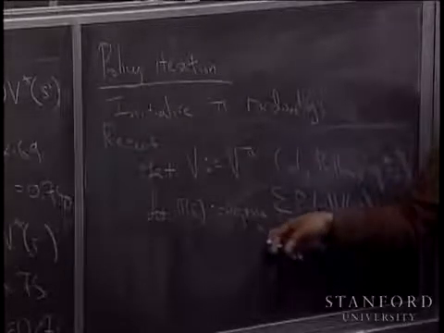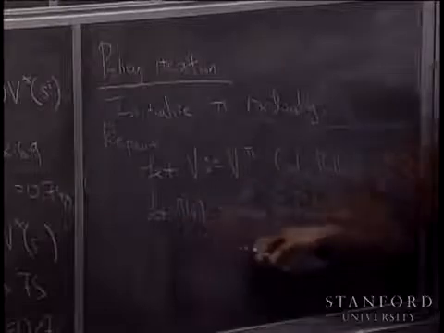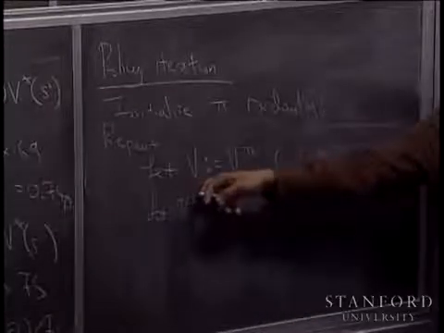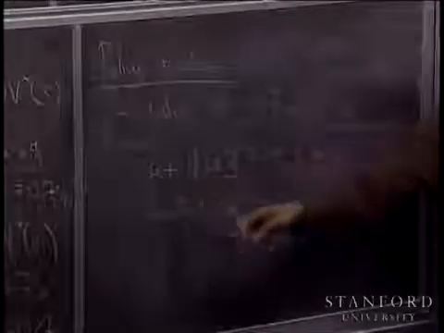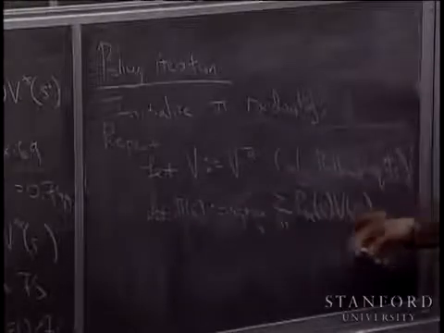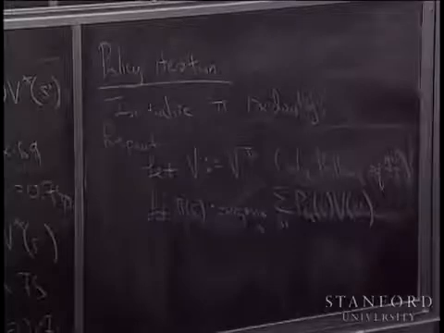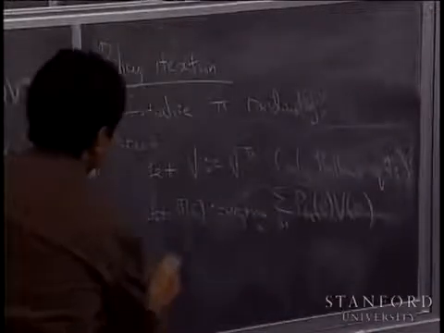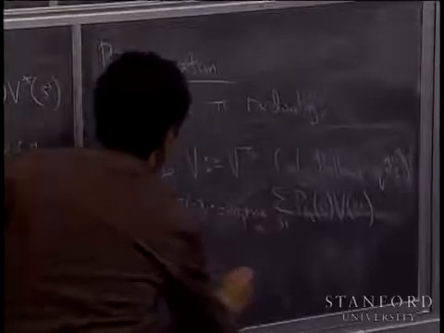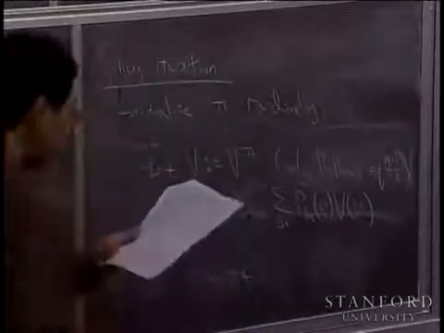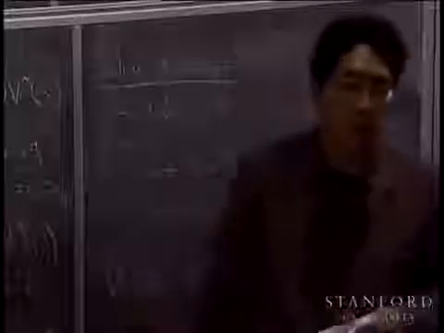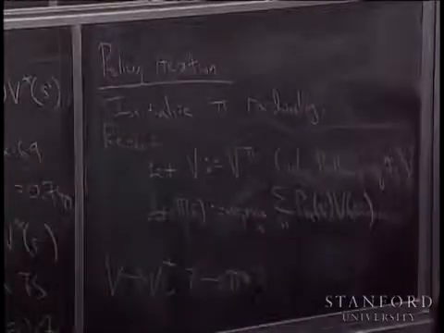Then the second step is you update the policy, in which you pretend that your current guess V for the value function is indeed the optimal value function, and you let pi of s be equal to that argmax formula to update your policy pi. And so it turns out that if you do this, then V will converge to V star, and pi will converge to pi star. So this is another way to find the optimal policy for an MDP.